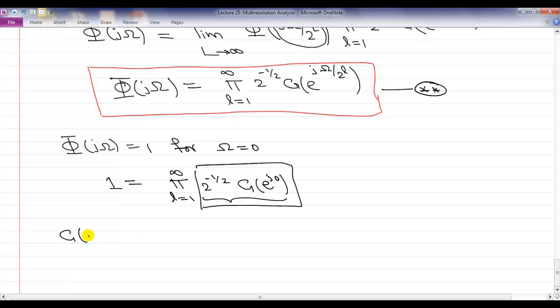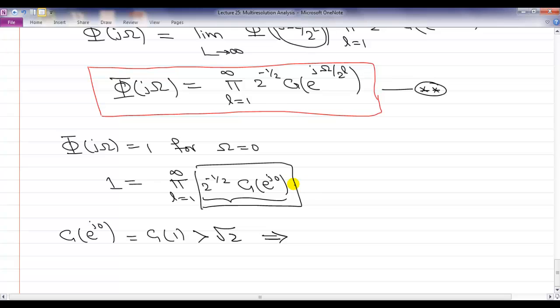So if g of e to the j0, which is simply g of 1, was bigger than square root of 2, then this term would be bigger than 1.